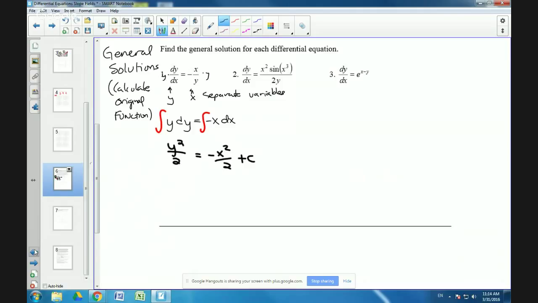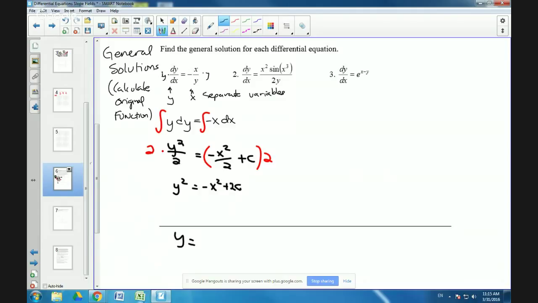And now solve for y. Your goal is y equals. So multiply by 2, square root. Do I need to put 2c?